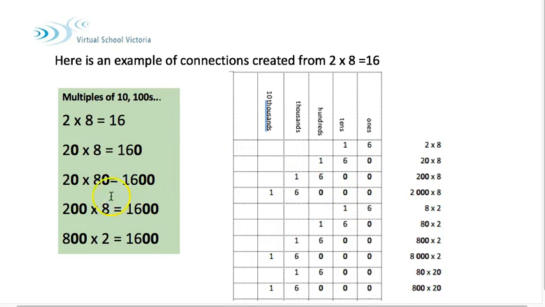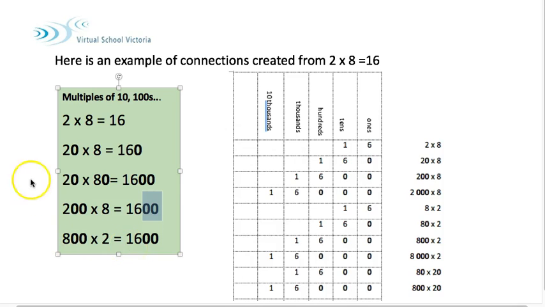So how that works, 20 times 80 is 2 times 8 times 10 times 10. So can you see times 10 and times 10 gives you times 100.